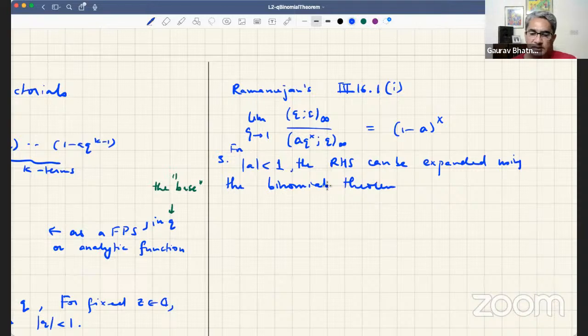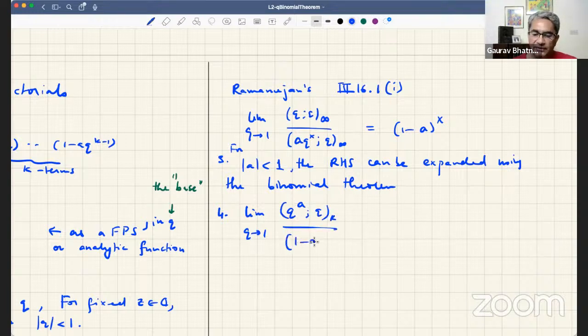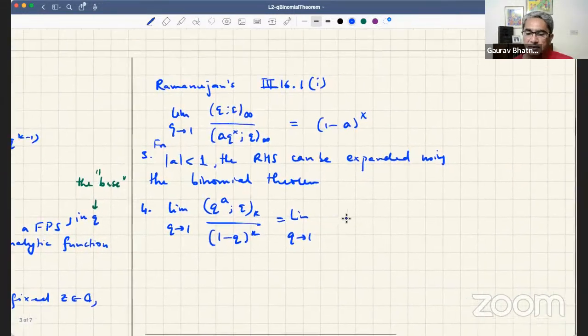So this will be used subsequently many times. And there is one more limit which is very important. If you take (q;q)_k, the q-rising factorial, divide it by (1-q)^k, and take the limit, this is a limit from calculus.